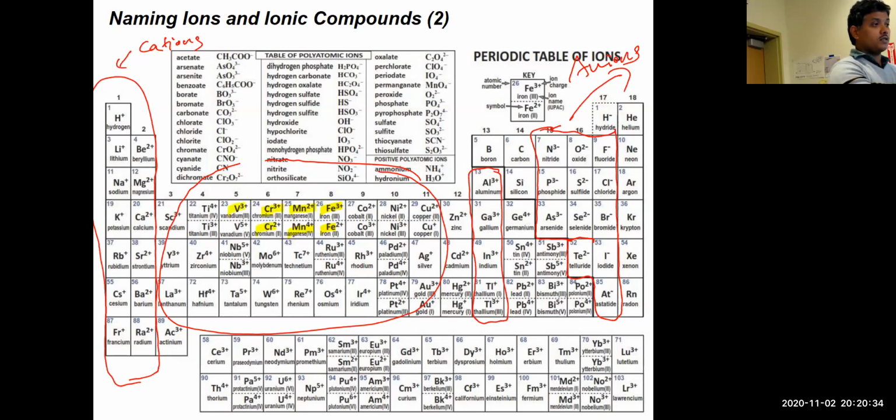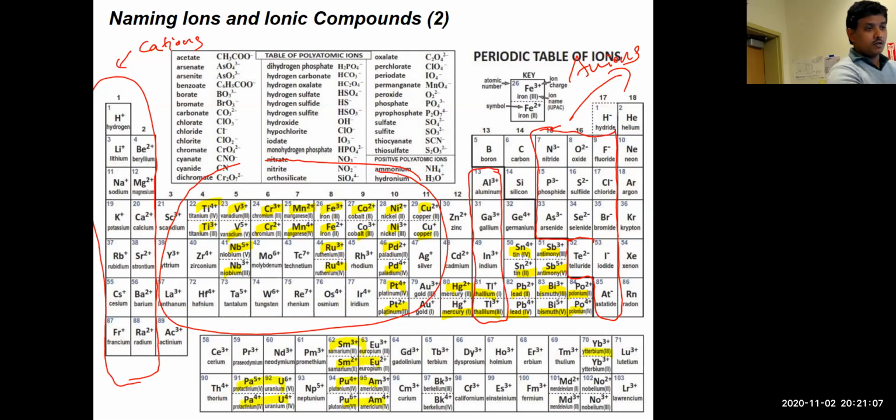Chromium has 2 charges, vanadium has 2 charges, titanium has 2 charges, nickel has 2 charges, copper has 2, cobalt has 2, so does palladium and platinum and ruthenium and niobium, and so does mercury and thallium, lead, bismuth, and polonium, and antimony and tin. All of these have multiple charges.